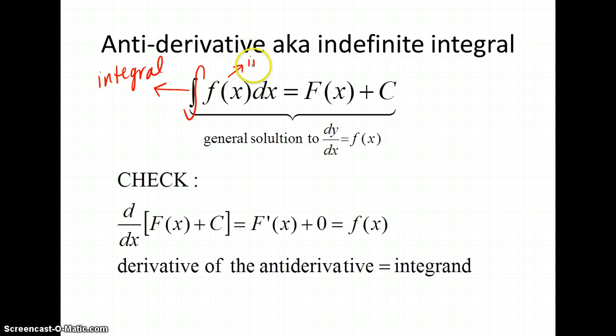This is referred to as the integrand. The dx there is called your variable of integration. What you're integrating with respect to has to match what the derivative variable is. So it just tells you what you're integrating with respect to.